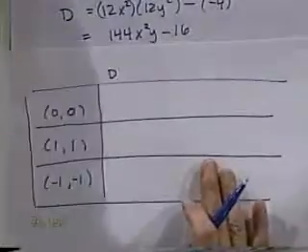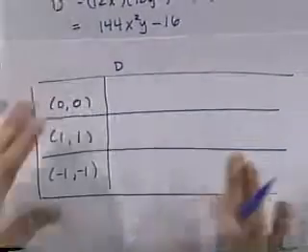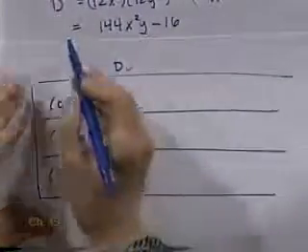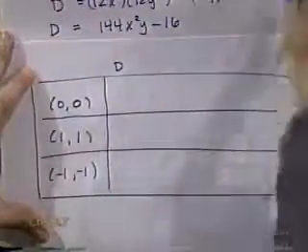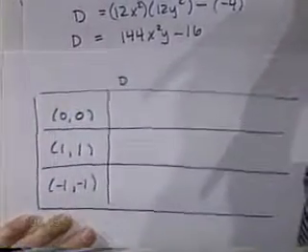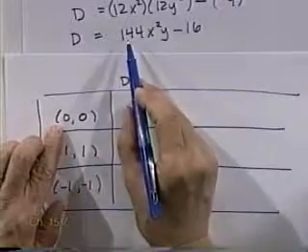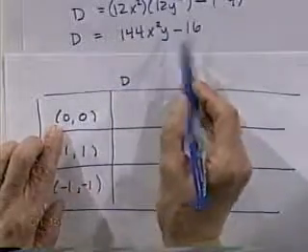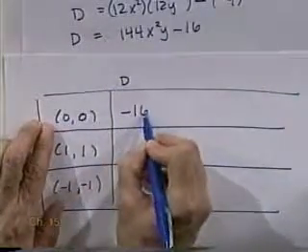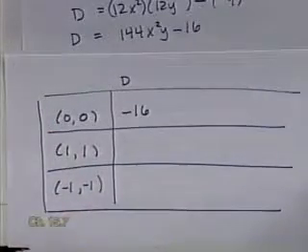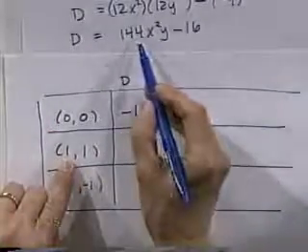So coming back here, we are going to evaluate each of these points using that discriminant. So let's see. If I plug in 0, 0 into that discriminant, I get 144 times 0 minus 16. I get a negative 16. If I plug in 1, 1, I get 144 times 1.